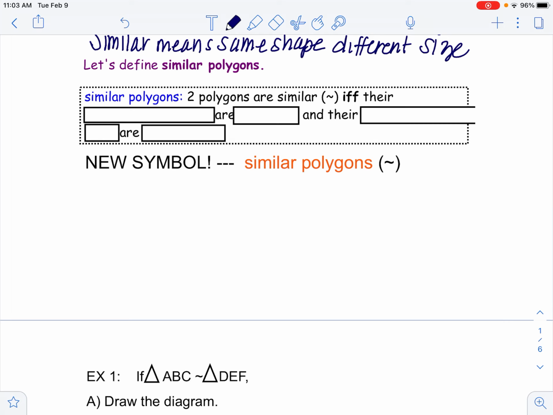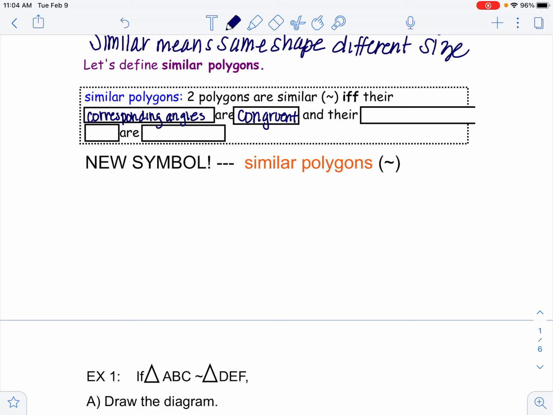Okay, let's define similar polygons. Two polygons are similar, there's that symbol again, if and only if, that's not a typo, their corresponding angles are congruent. So corresponding angles have to be congruent.